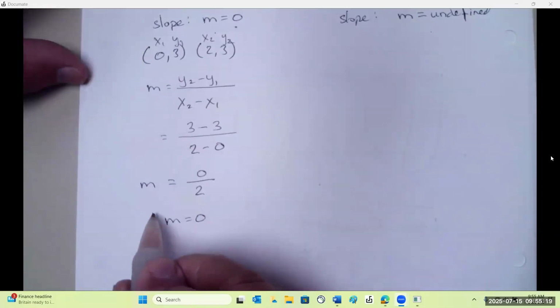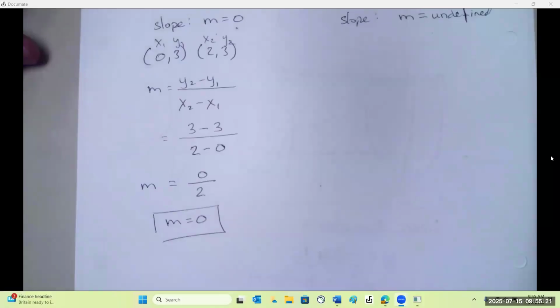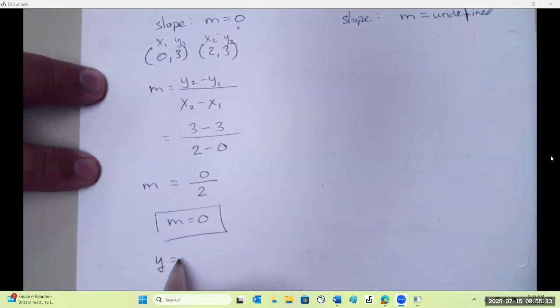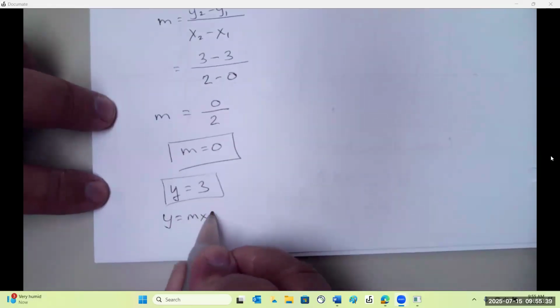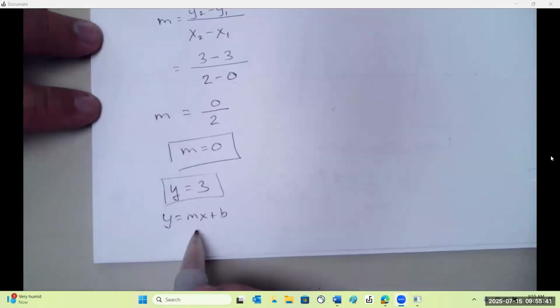So we know the slope. We know that it belongs to a horizontal line. And we also talked, what's the equation of that line? Of a horizontal line? You're right. y equals mx plus b. But m is what?